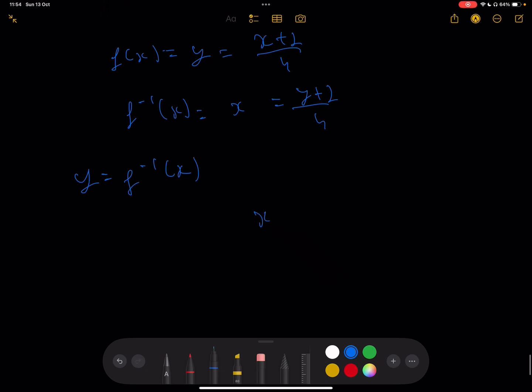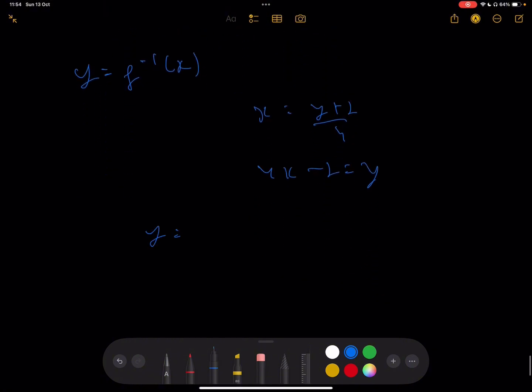So x is equal to (y plus 2) over 4, therefore 4x minus 2 is equal to y. And that's your answer, where y is equal to f inverse of x, and therefore the inverse function of f is equal to 4x minus 2. I hope you guys understand, and that'll be it for today, and thank you guys. See you in the next one.